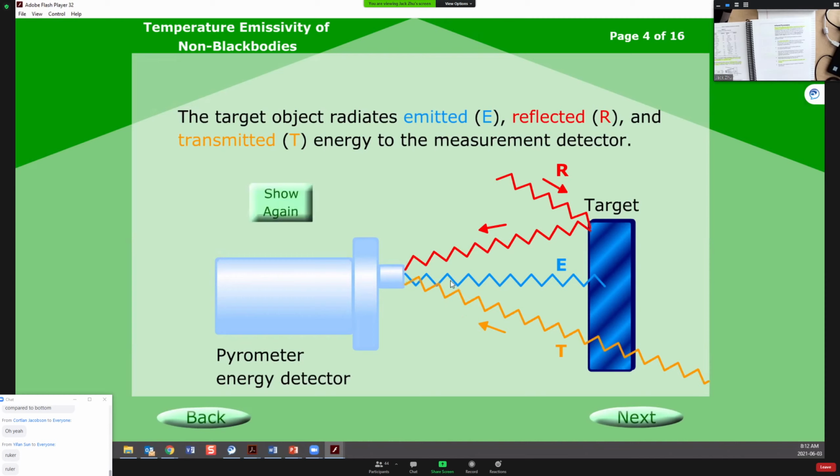So to accurately measure the temperature of this target, we don't want the transmitted energy. We don't want the reflected energy. We just want to measure the emitted energy, or the radiation energy, because that will tell us the true temperature of this target.